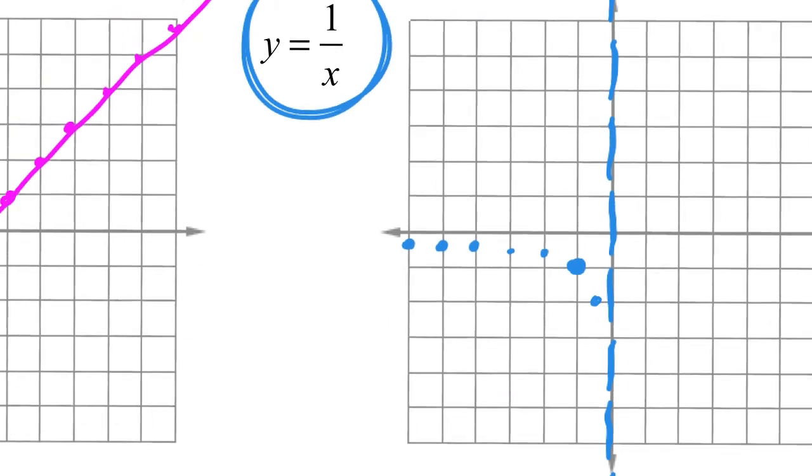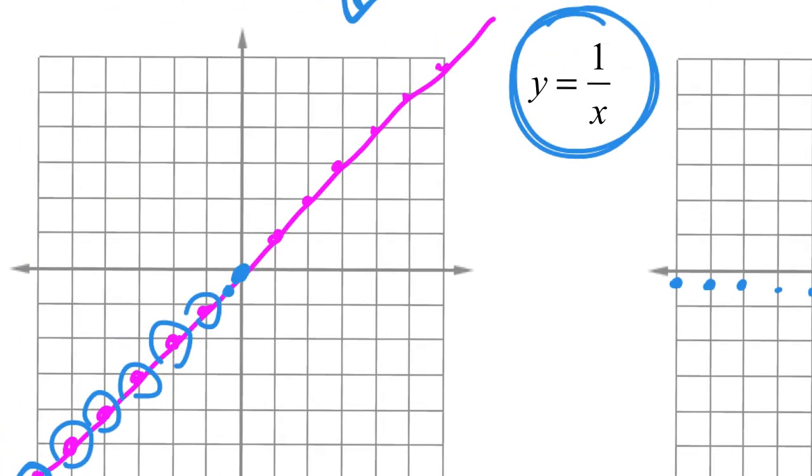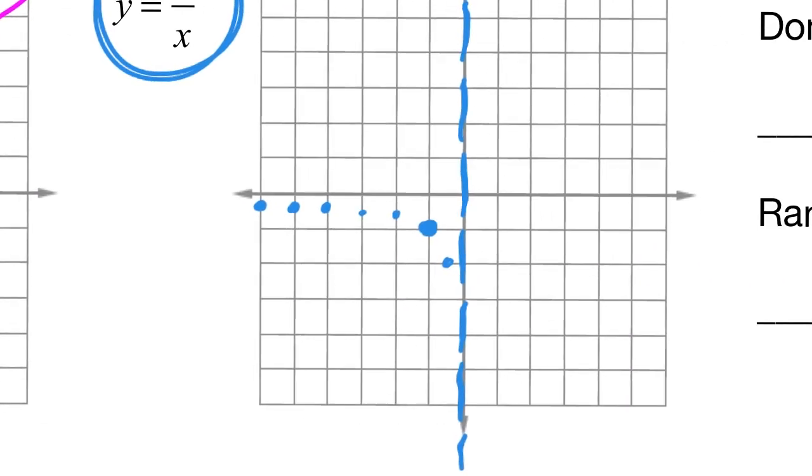And as these get smaller and closer to 0 on the other graph, these reciprocals get bigger. The reciprocal of a small number is a big number and vice versa. So these end up getting further and further away. So this side looks like this.